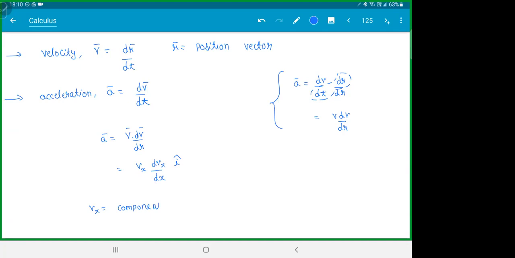If you differentiate that, you get acceleration in x direction. Vx is the component of velocity in x.